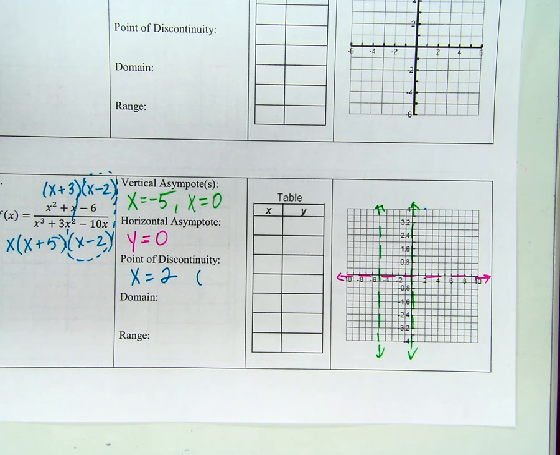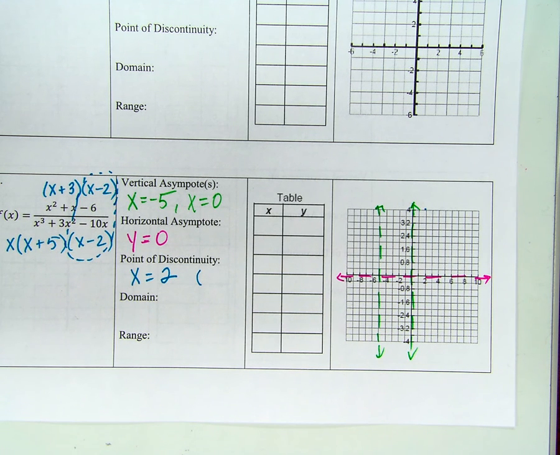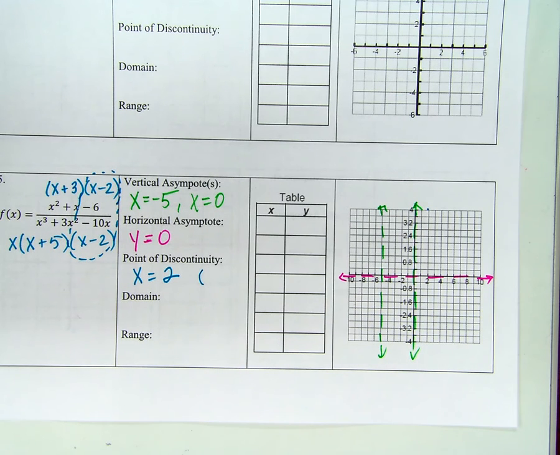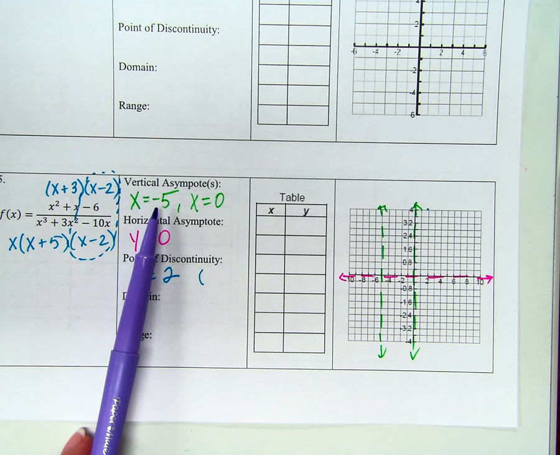Do you have to wait to do domain and range until you graph? Or do you have enough information right now to tell me where the domain is? What I do know is where the domain is not, don't I? Where is the domain not? It's not at negative 5.